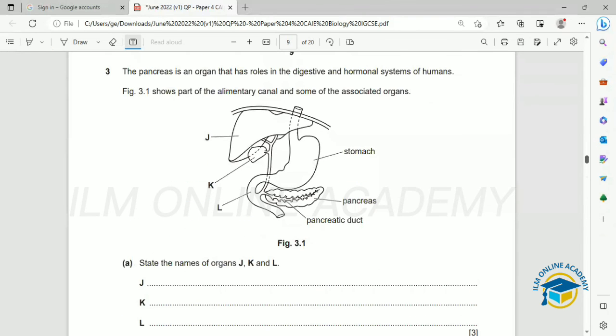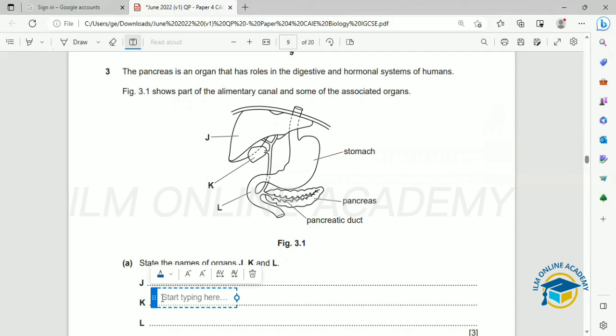Then the question number 3 says the pancreas is an organ that has roles in the digestive and hormonal systems of animals, and this figure is showing some of the parts of the alimentary canal and some of the associated organs. So J is liver, K is your gallbladder, and L is duodenum.